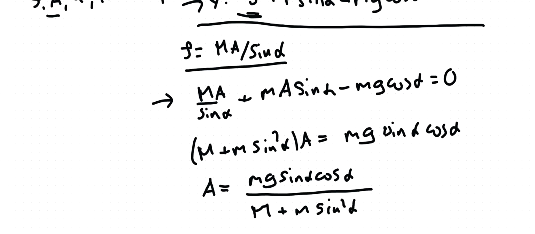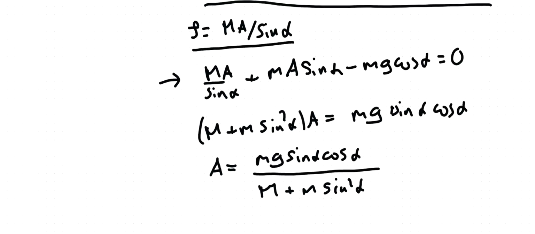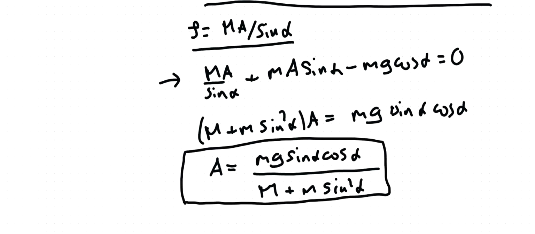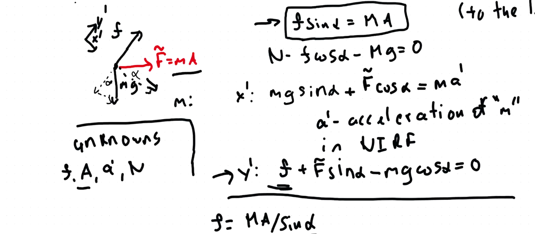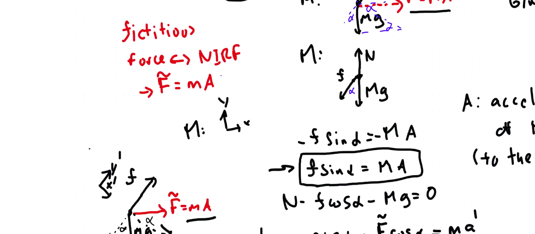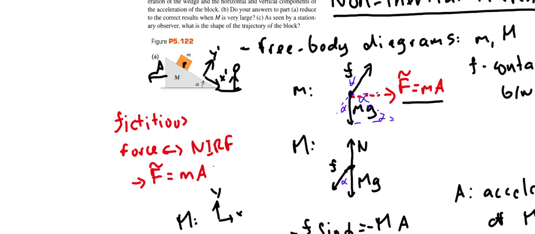That's actually our first result, because that's one of the things the problem asks to calculate. We have to keep in mind that, if you want to be very precise about the coordinate systems, this acceleration is to the left. But if you're in a coordinate system like this, then A in that case would be negative. So be careful with that.